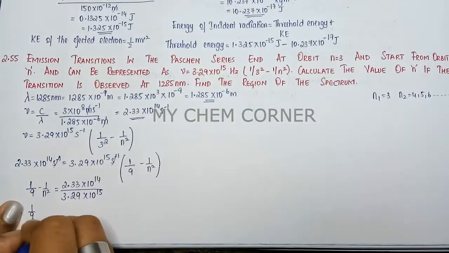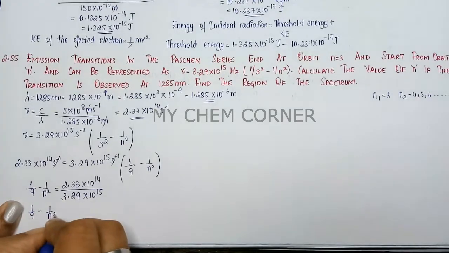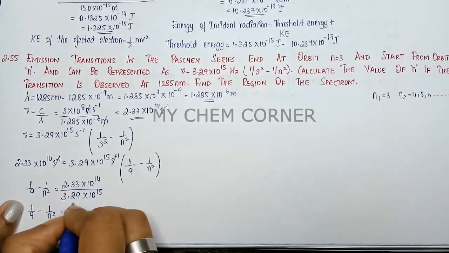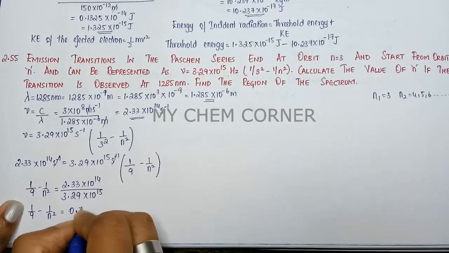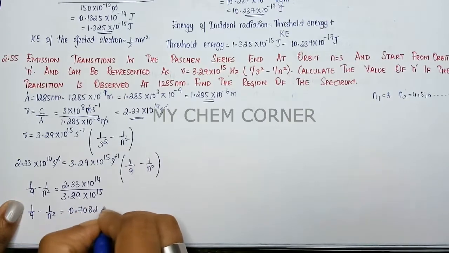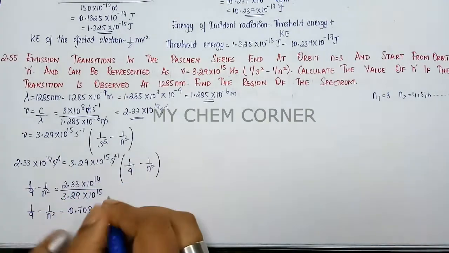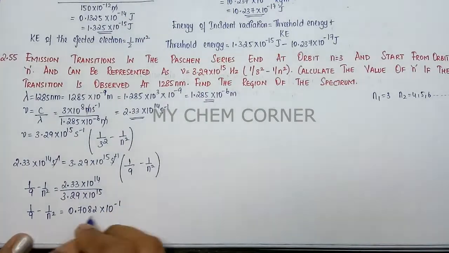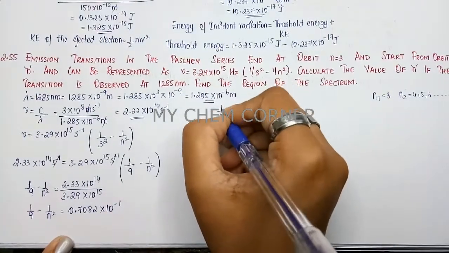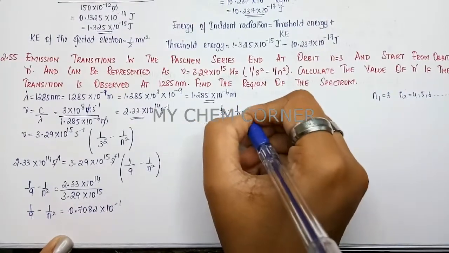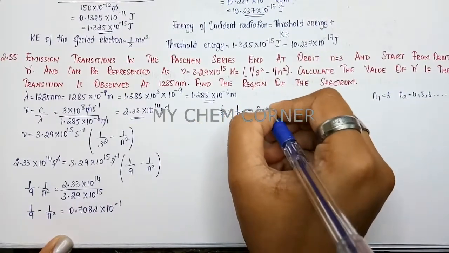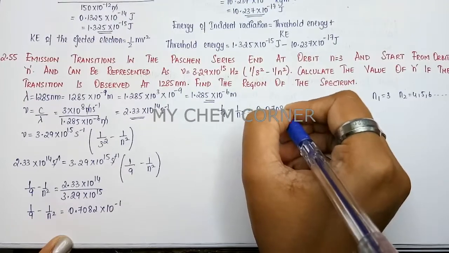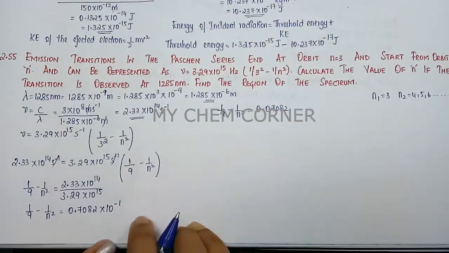So you will get 1 by 9 minus 1 by n square equals 2.33 divided by 3.29, which is 0.7082, into 10 to the power 14 minus 15 goes up, so it will become 10 to the power minus 1. So now this will become 1 by 9 minus 1 by n square equals 0.0708 when you do the multiplication by 10 to the power minus 1.